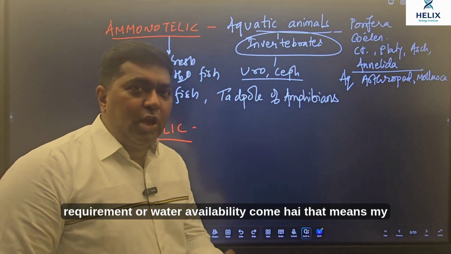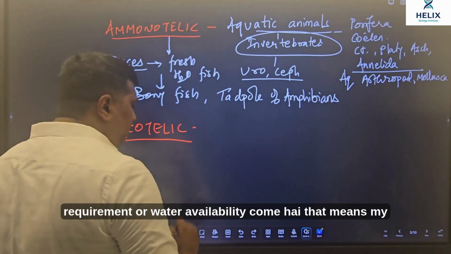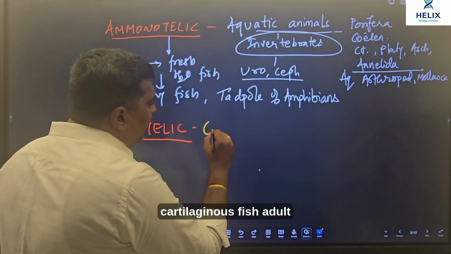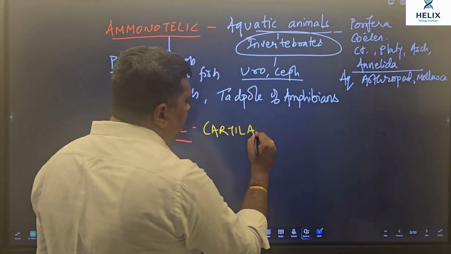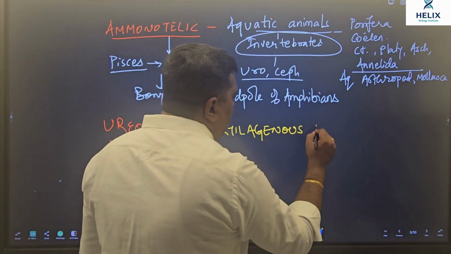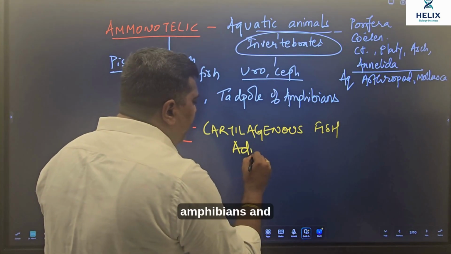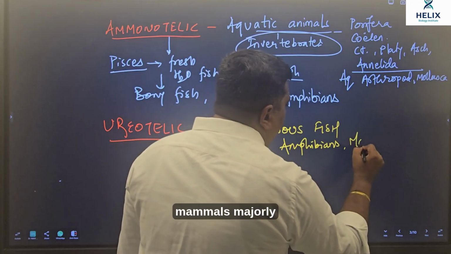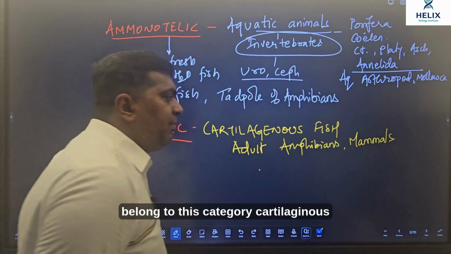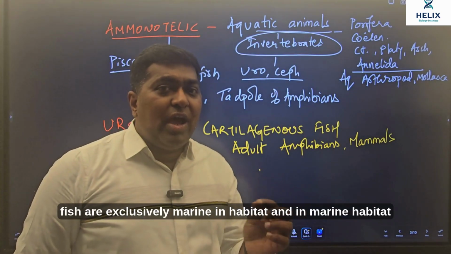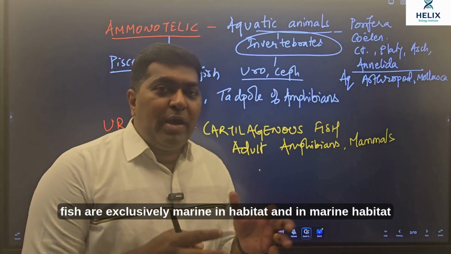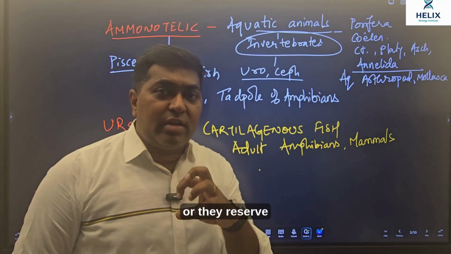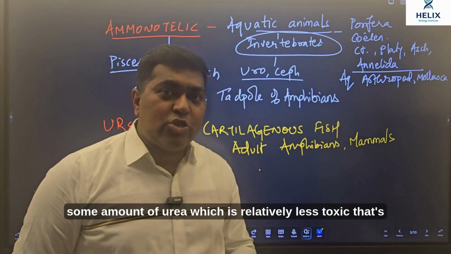whereas ureotelic are those where relatively the water requirement and water availability is less, that means my cartilaginous fish, adult amphibians, and mammals majorly belong to this category. Cartilaginous fish are exclusively marine in habitat, और वो marine habitat में खुद के body fluid का osmolarity maintain करने के लिए they store or reserve some amount of urea, which is relatively less toxic.